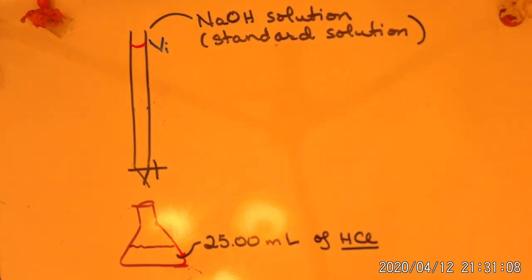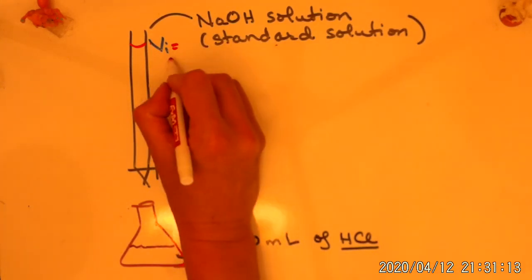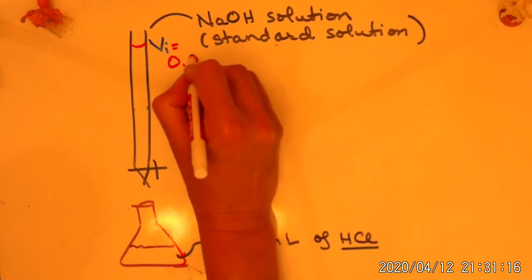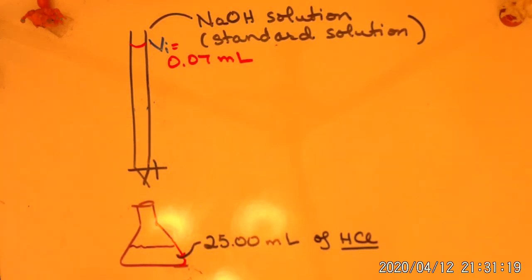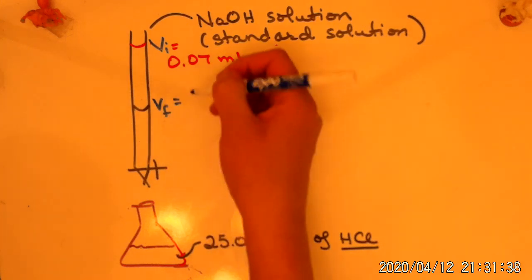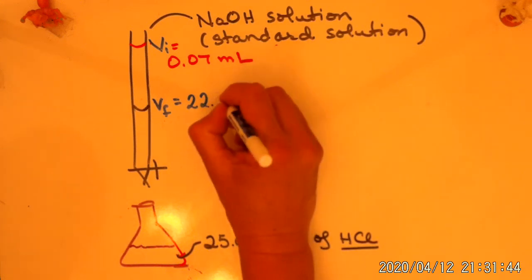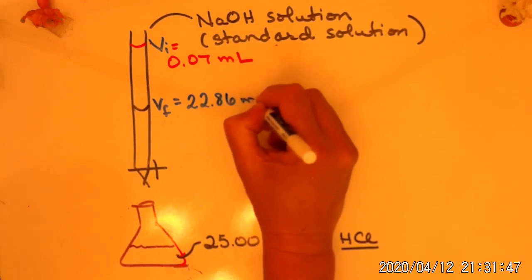Okay? So suppose we start off and your V initial is equal to, let's say, 0.07 milliliters. Okay? When you finish your titration, let's say you stop here, and your V final is equal to 22.86 milliliters.